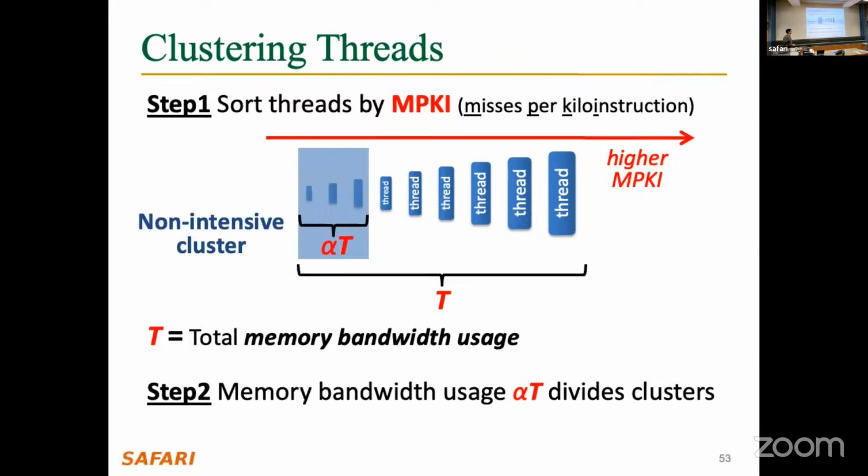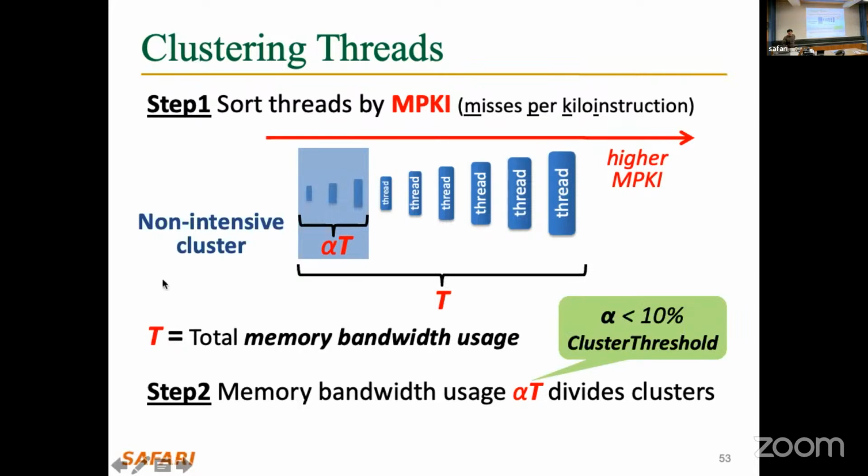Basically, it's a function of the total memory bandwidth usage of all threads that we have running in the system, multiplied by a parameter alpha. It's called the cluster threshold. And you can see here, by assigning different values to alpha, you can prioritize fairness or throughput.